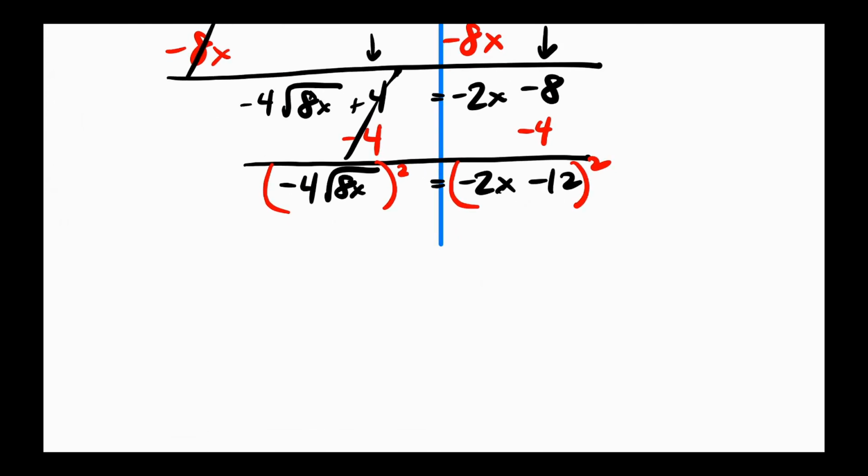So when I square 16, negative 4 squared makes positive 16 times square root of 8x squared just gets rid of the 8x or the square root. Okay. And then this part over here is a binomial.